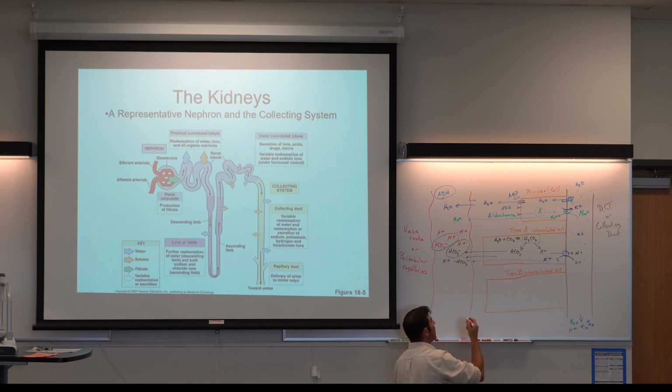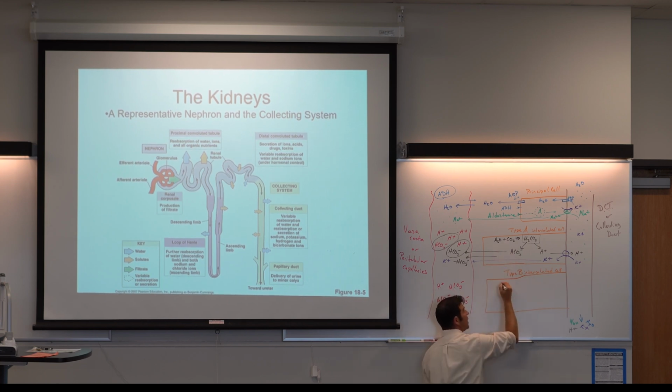If we want to visualize that, that would mean that there are fewer of these hydrogen ions than there would be the bicarbonate. So in this case, we have too much of the bases that are here. There's not enough of those free hydrogen ions. The blood being too alkaline like this is also problematic. No problem. Type B intercalated cells are on the scene.